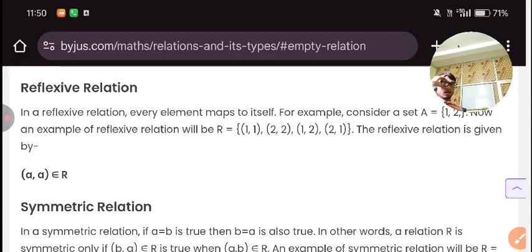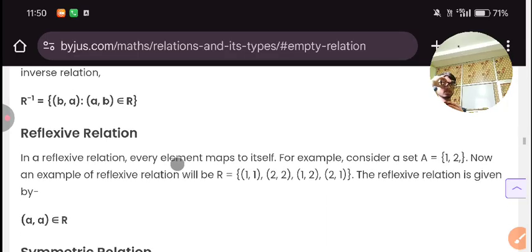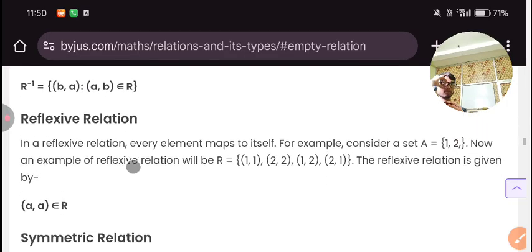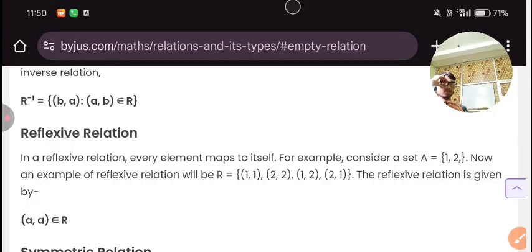And now an example of a relation will be R, this much: (1, 2), (2, 2), (1, 2), (2, 1).